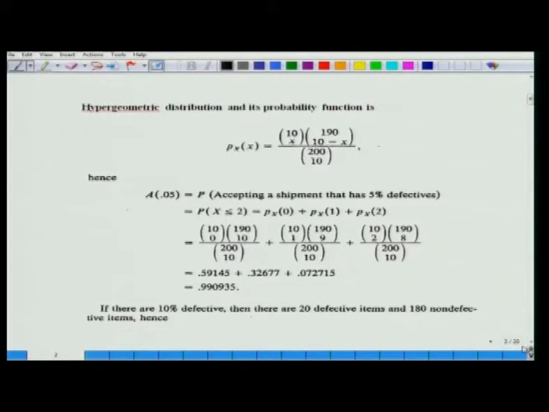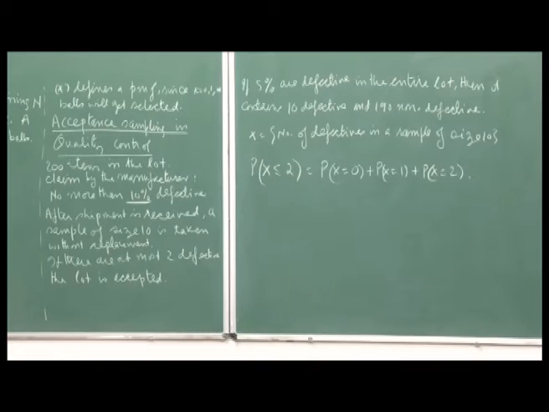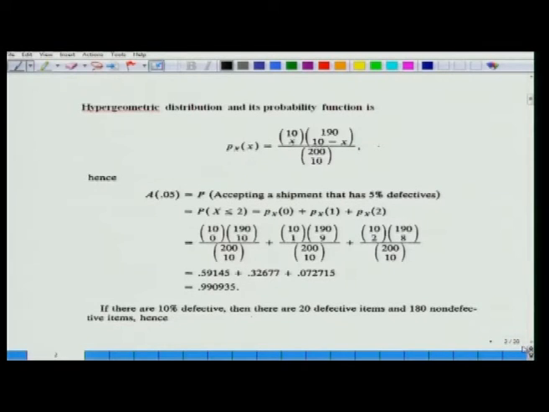So, we are saying if at most 2 are defective in the sample size of 10, that probability would be probability x equal to 0, x equal to 1 and x equal to 2, which I have written down here. And if you look at the numbers, these are the 3 probabilities, you add them up and they come out to be 0.990935. That means the probability of accepting the whole lot is 0.99.